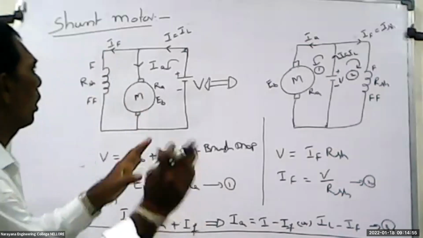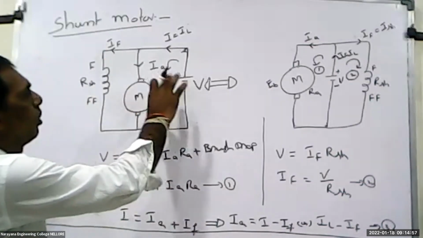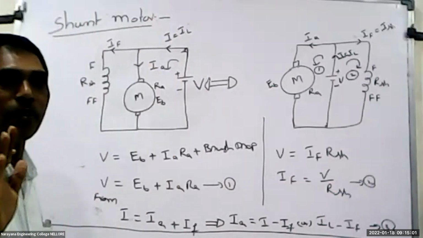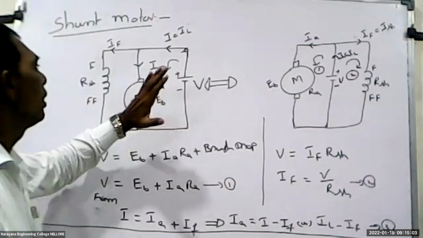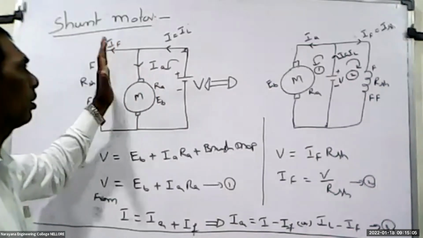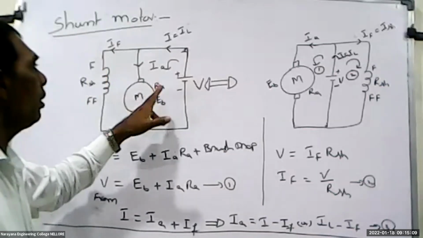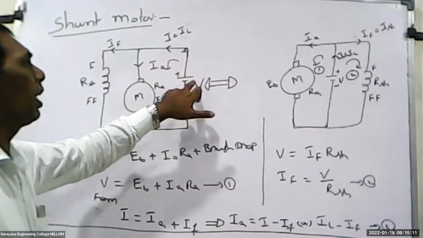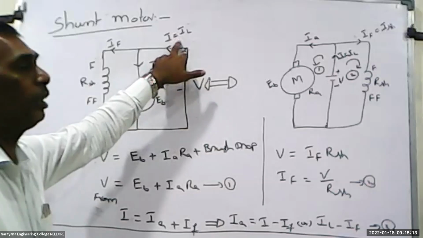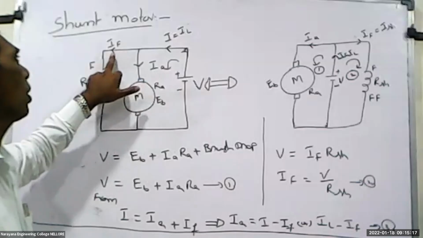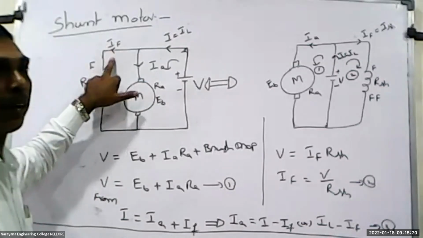So first I had explained briefly. First we have to assume what the shunt motor is. The field winding connected in parallel with the armature is known as a shunt motor, and the current delivered by the source is considered as I. The current passing through the armature is represented as IA. The current passing through the field winding is represented as IF.